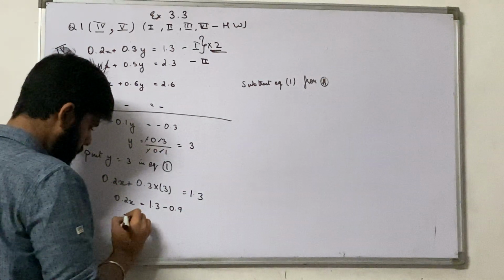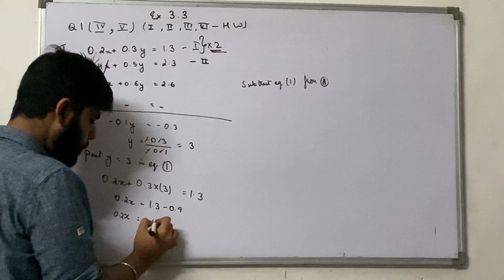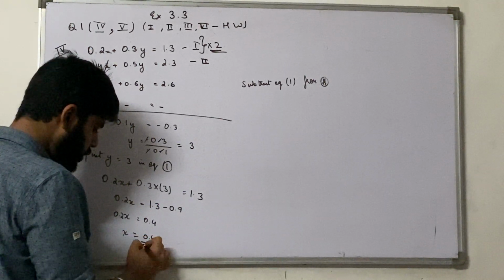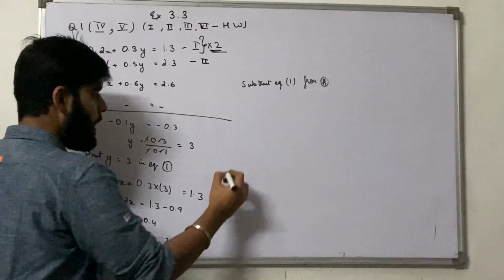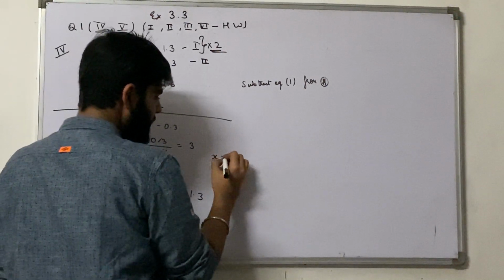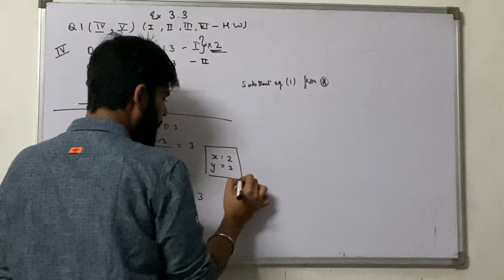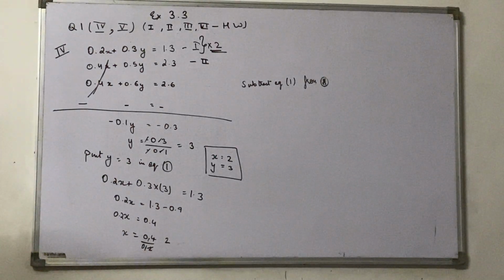Therefore 0.2x is equal to 0.4. Therefore x comes out to be 0.4 divided by 0.2. This comes out to be 2. Hence we will write in a box x is equal to 2, y is equal to 3. With this we are done with the fourth part with the elimination method.